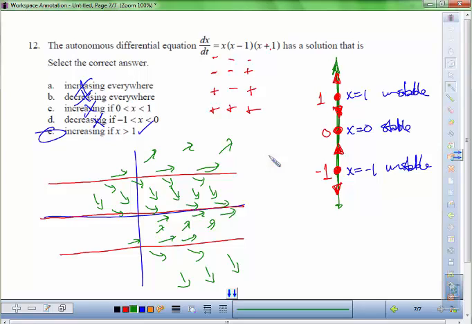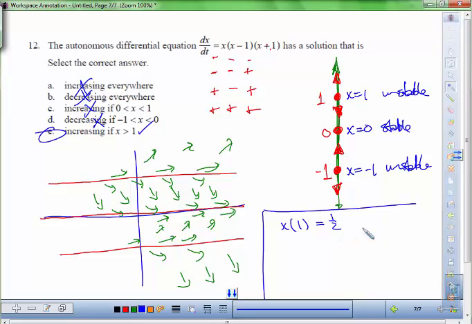So what can you tell me if I had an initial condition here that says x of 1 is equal to 1/2?